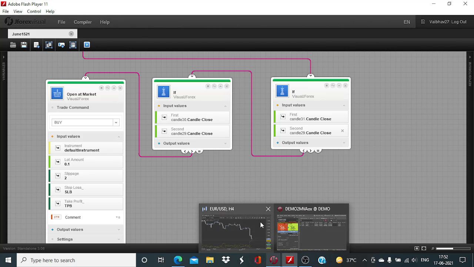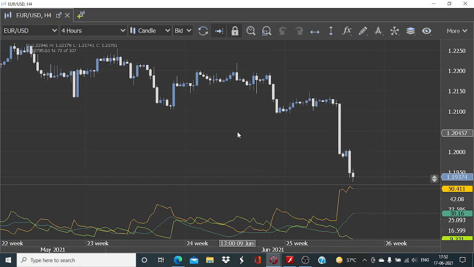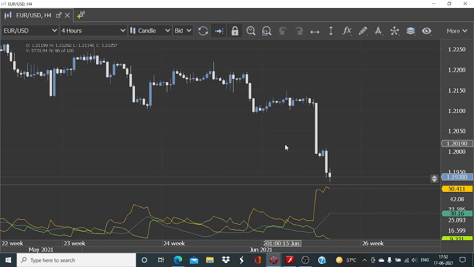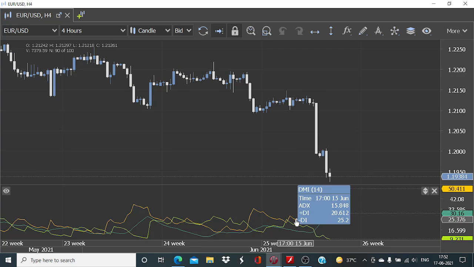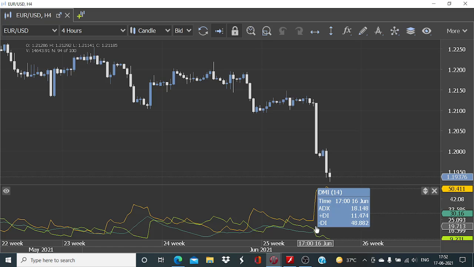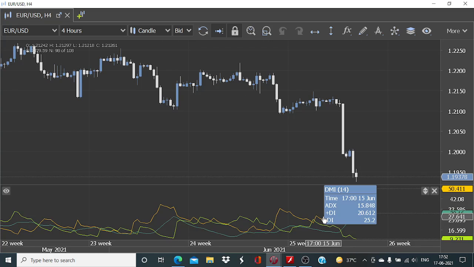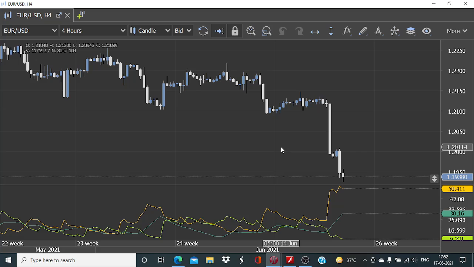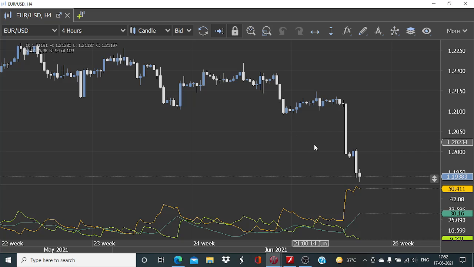Now I will give you a brief refresher on the idea behind the algorithm. Here, for any sell trade to take place, we need this DI minus to be above the DI plus. So that's quite simple. And whenever we have this condition in place, we will keep searching for the entry point. And for the entry point, the reliance is being placed on the lower time frame charting.